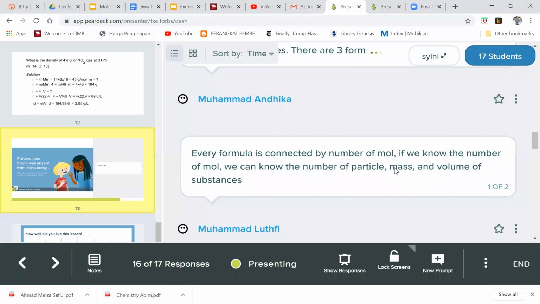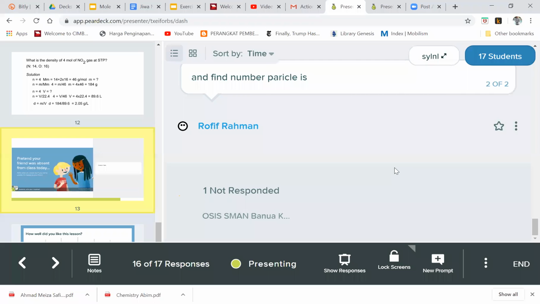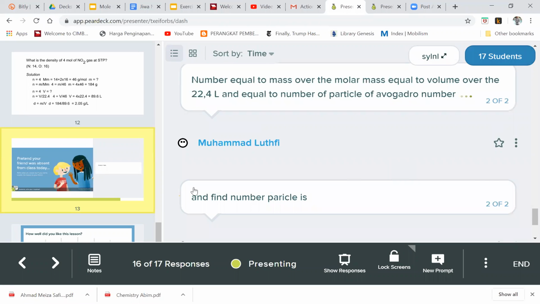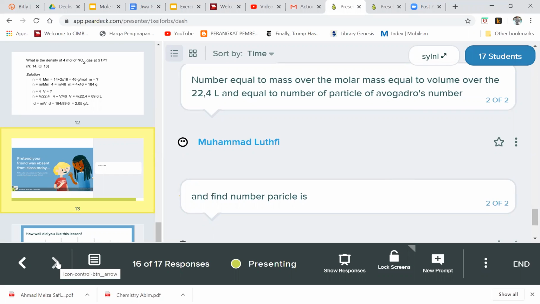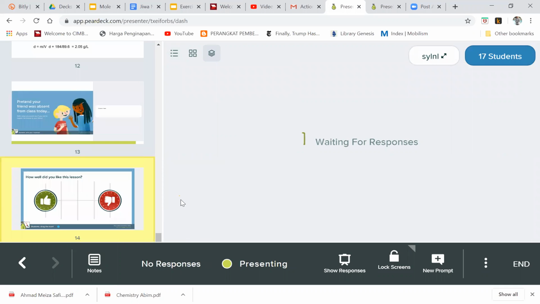Okay, most of you are writing the responses, but I will check them later because we don't have much time to read one by one. Now we are going to do the next activity, the last one. This is my last slide. How well did you like this lesson today?